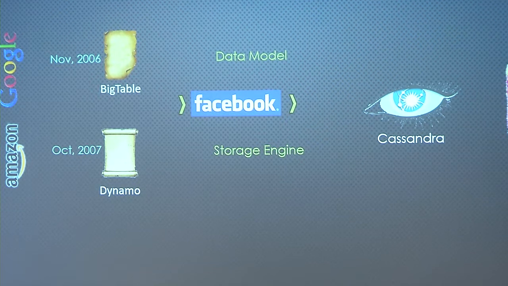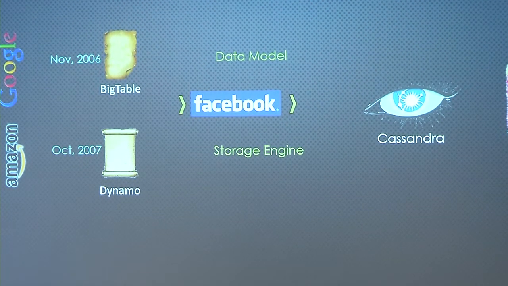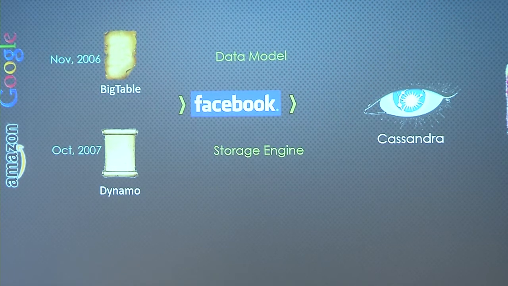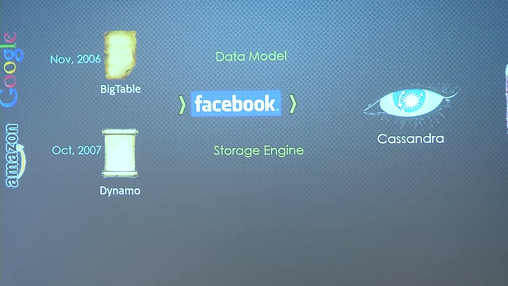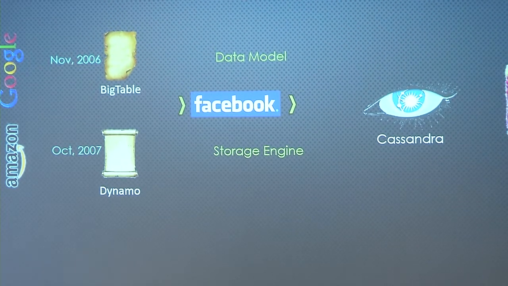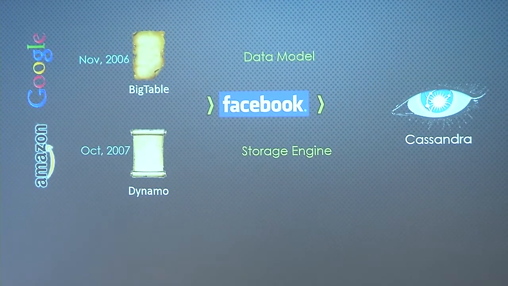They somewhat abandoned it, and they adopted HBase much more heavily these days at Facebook. But Jonathan Ellis, the CTO of DataStax, was the first non-Facebook committer to Cassandra, and he's brought this database very, very far from its humble origins when it was first released.